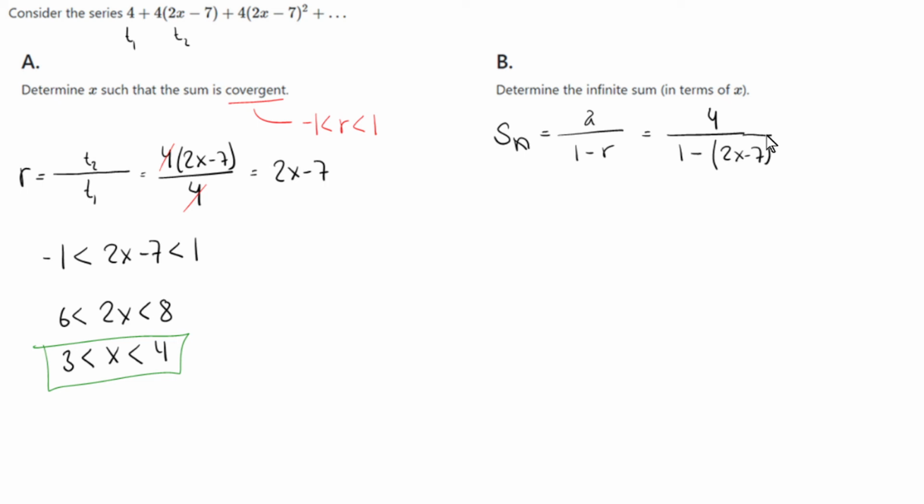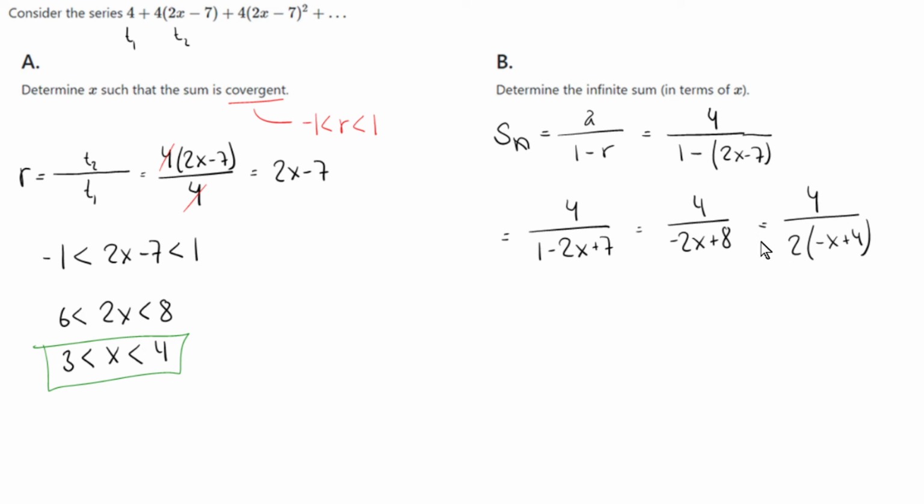Like that. We can drop the bracket. So it's 1 minus 2x plus 7. Combine like terms. So it's going to be -2x plus 8. We can now factor out 2 in the denominator, and I'm going to be left with -x plus 4.